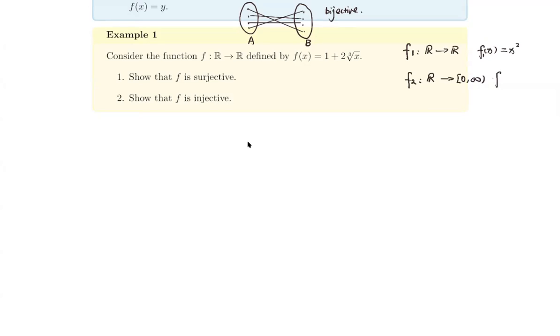Okay, and I have the same expression, x squared. Those two functions, although they have the same domain and same expression, are different functions. The f1 and f2 are different because they have different codomains.